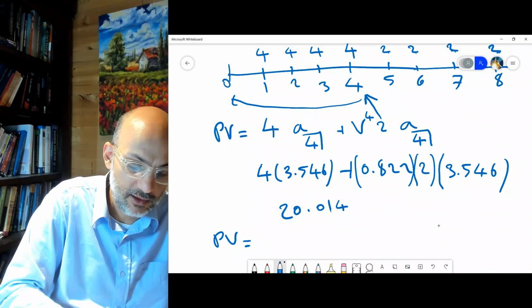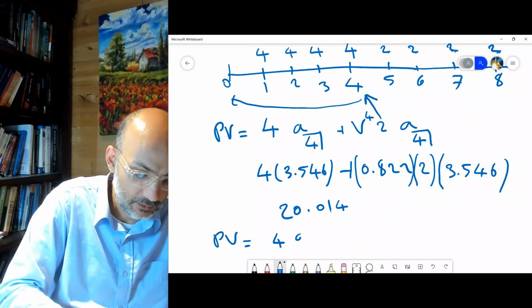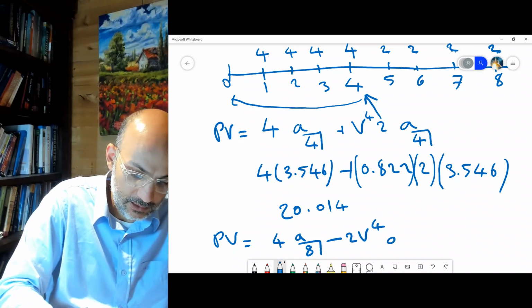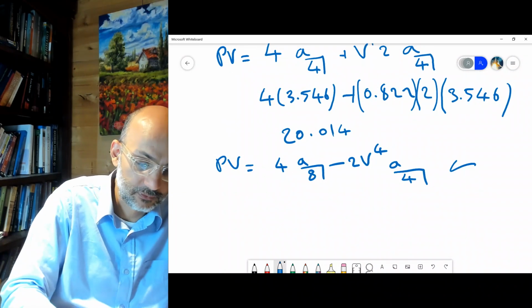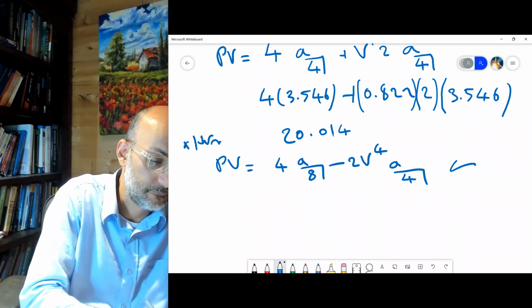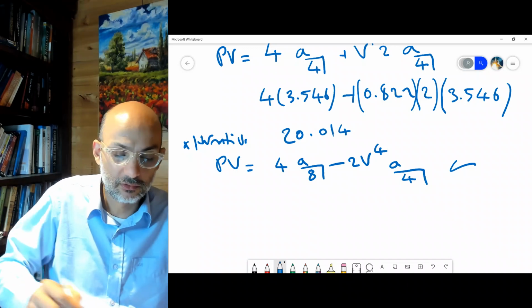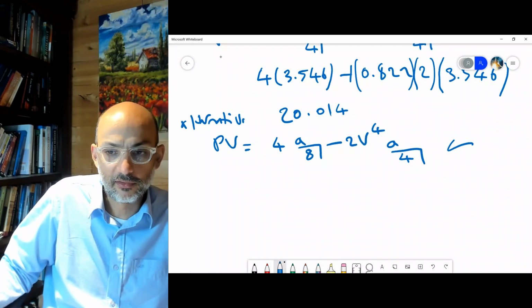What I would do is simply 4 a angle 8 and subtract from it 2 v^4 a angle 4. And if you like, alternatively, it depends on what you are given, but I'm trying to give you different ways to answer the same question.